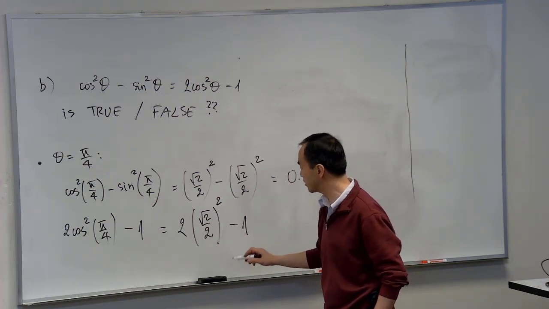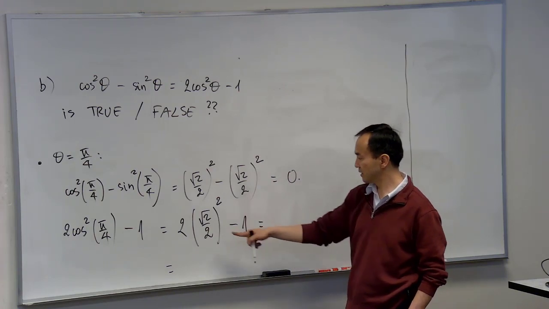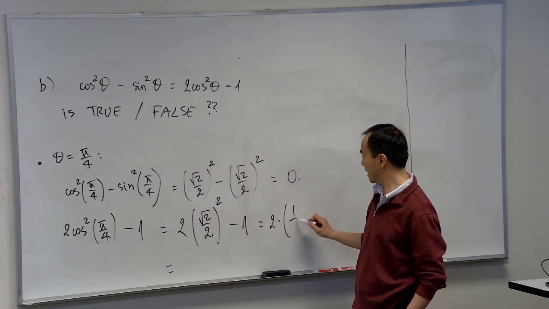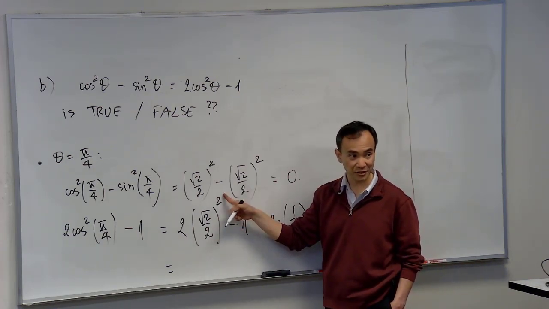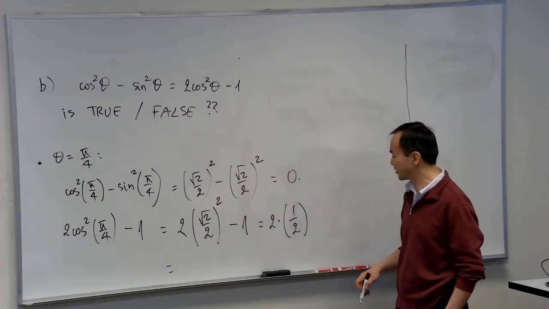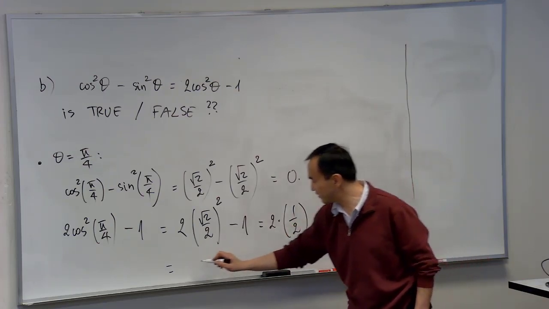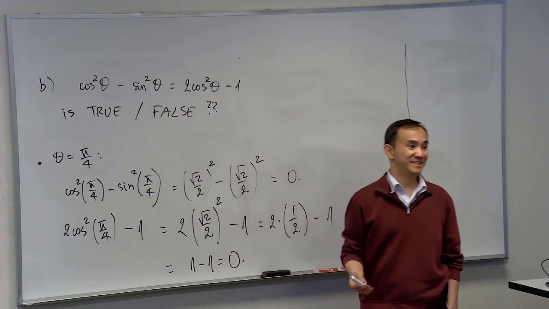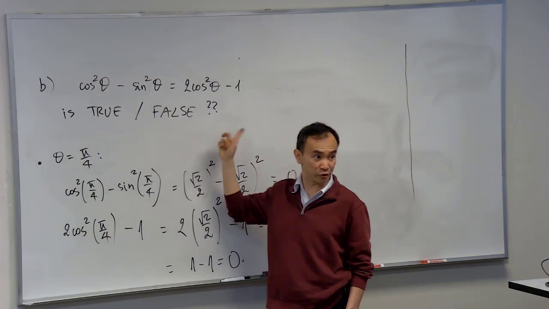Square root 2 over 2 all squared is 1/2, you guys agree? You can check the algebra outside of the lecture. The 2 cancels with that 2, giving me a 1, minus 1. It's also 0.